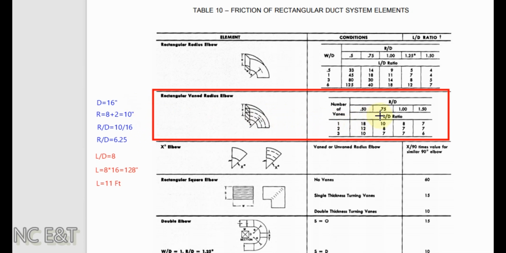Selecting the nearest value in this table, that is 0.75, and assuming number of vanes 2, then the L/D ratio will be equal to 8. As we have the value of D 16 inch, then the value of L will be 8 × 16 equal to 128 inch, and it will be equal to 11 feet. So in this way the equivalent length for the 90-degree elbow will be 11 feet.